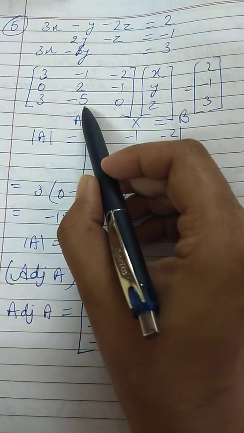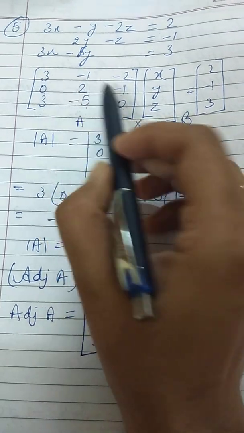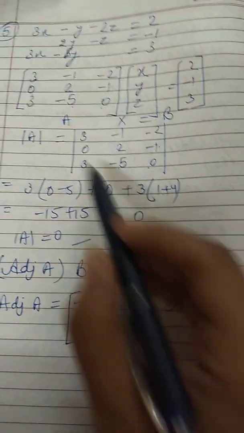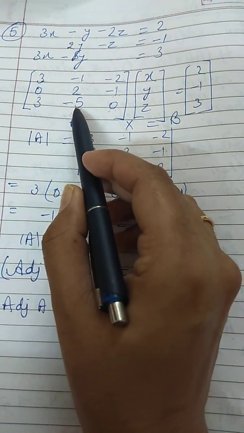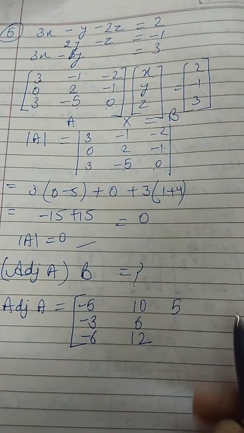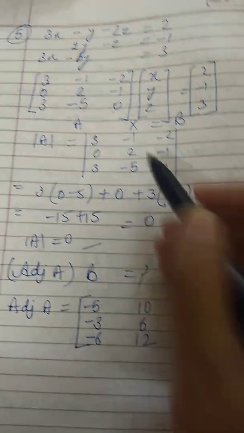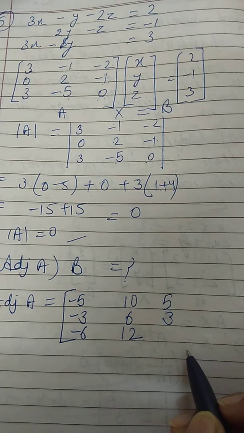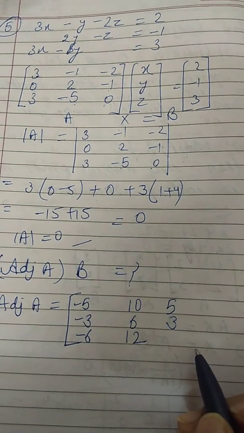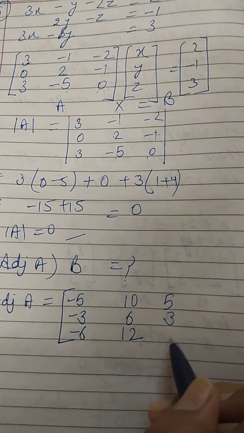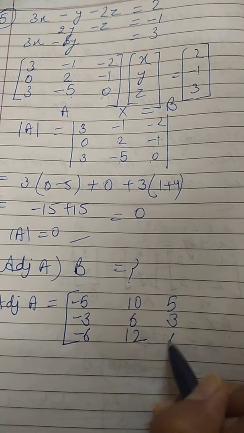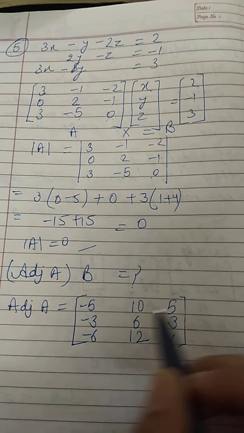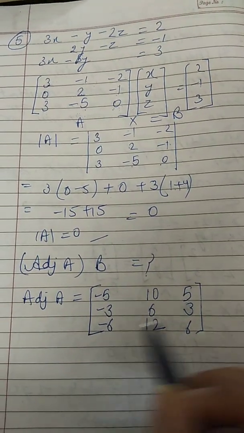Cofactor of this will be, this column and row will not come, minus 3, and position is 3 2, odd position, you are getting minus 3, it will become plus 3, and the last cofactor will be 6 minus 0, and which position is this? Even position, so here will be 6 only, right. This is the adjoint A.